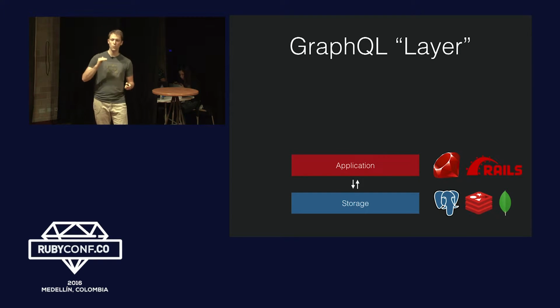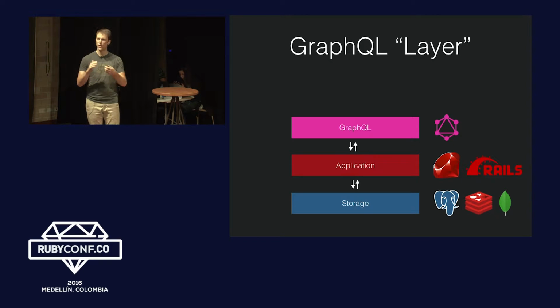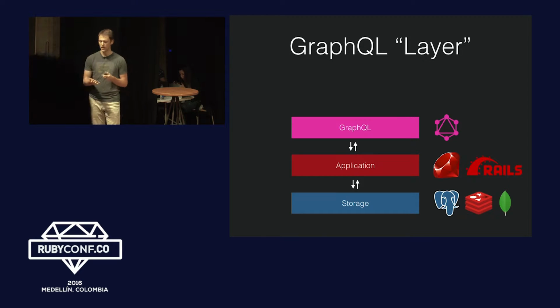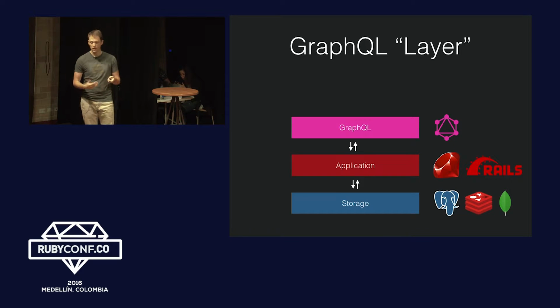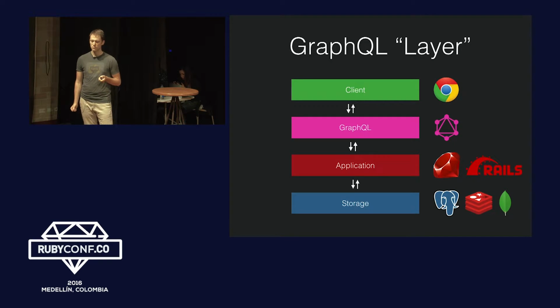And GraphQL is one layer on top of that. What I want to say is GraphQL doesn't communicate with your database. It doesn't write SQL queries. It really communicates with your Ruby application, so it might be part of Rails. And it communicates with your classes, and methods, and objects. And then any clients who are interacting with your application can use that endpoint.